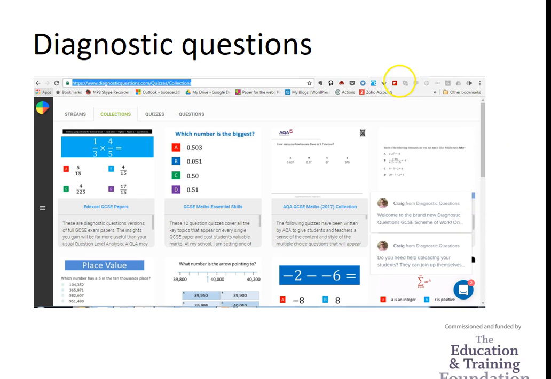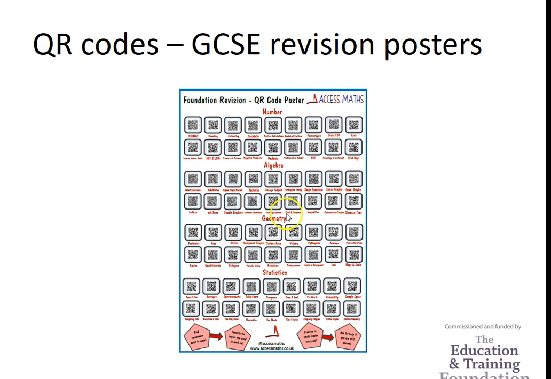We look at quality materials out there on the web at the moment. Diagnostic Questions is a really popular website there, used in all sorts of very effective ways to explore misconceptions. And so we look at a range of resources, not just resources that learners can create, but those that are already out there, quality materials. We look at how QR codes can be used in different ways in the classroom to give learners access using their smartphones and a QR code scanner.